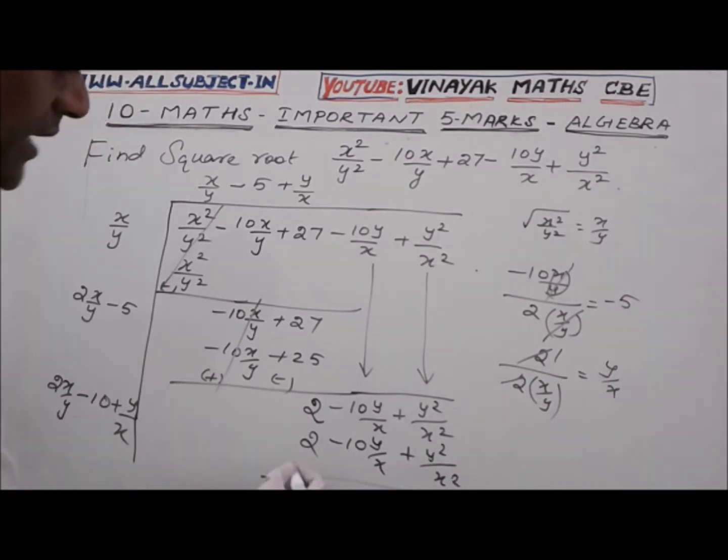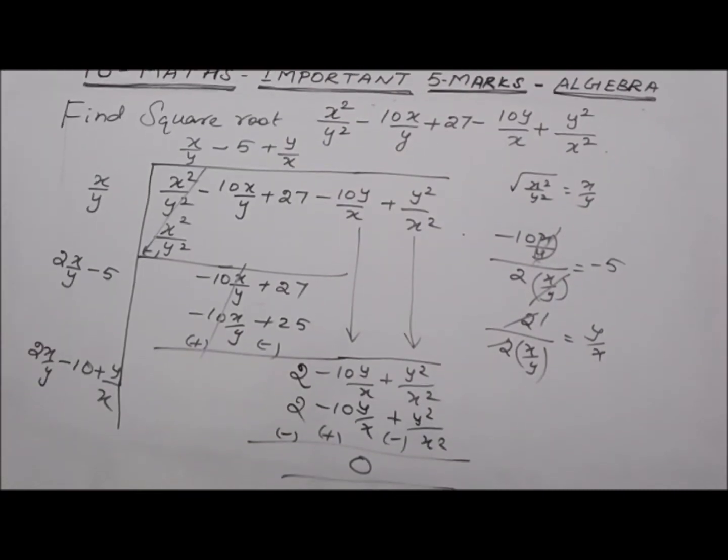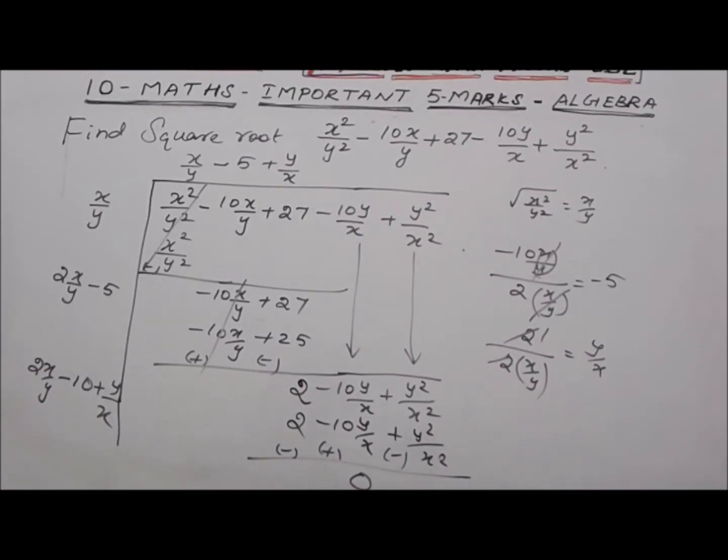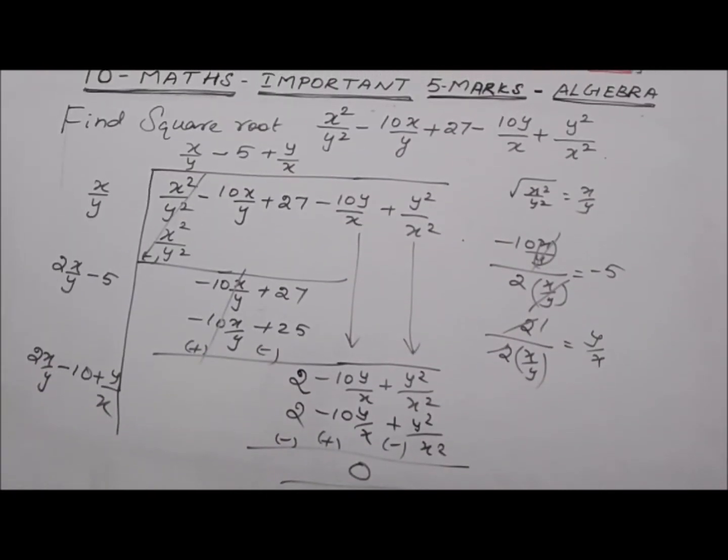Now when subtracting, changing its sign, all get cancelled and become 0. The remainder is 0.